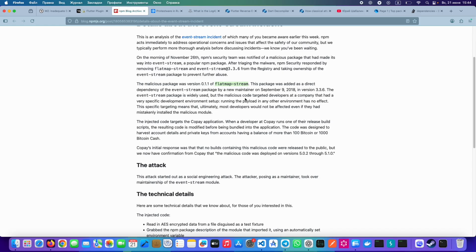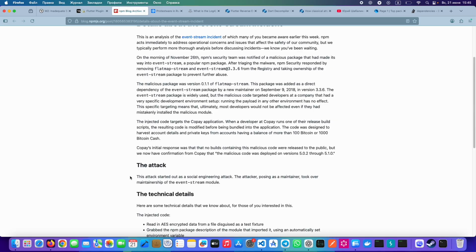What does it mean? It means that everybody who had a Bitcoin Cash kind of application, or who installed a specific web or JavaScript project, would get this malicious code, but it wouldn't work for everybody. It worked for the specific person.